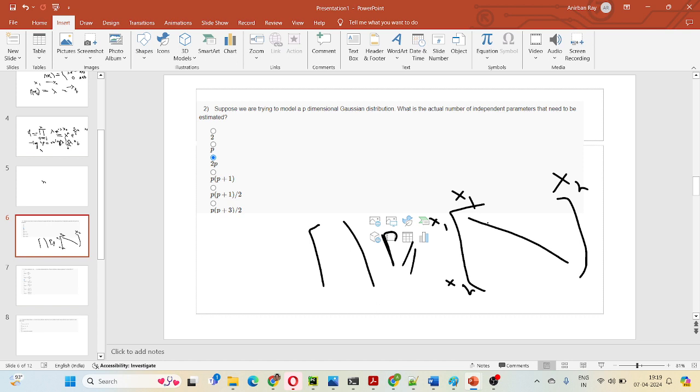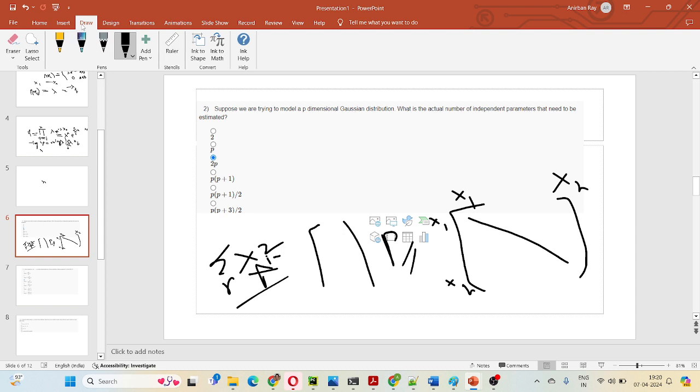In that case you calculate the variance: the summation over n of xi squared, minus mu, divided by n.